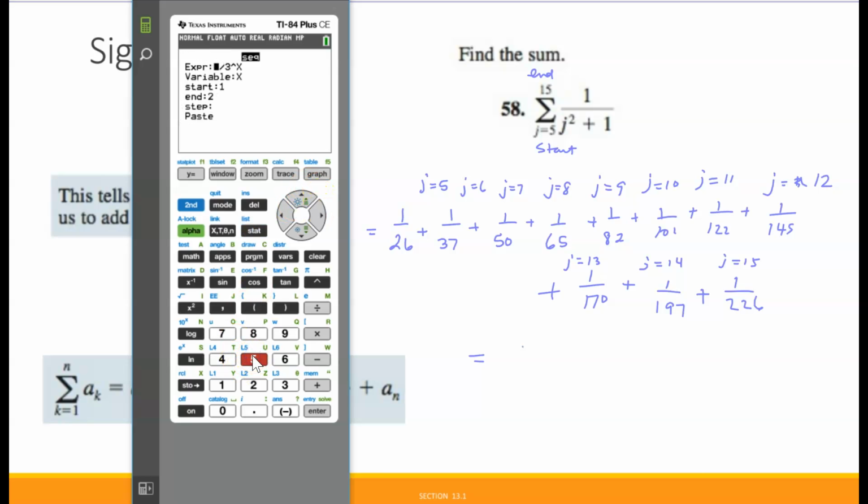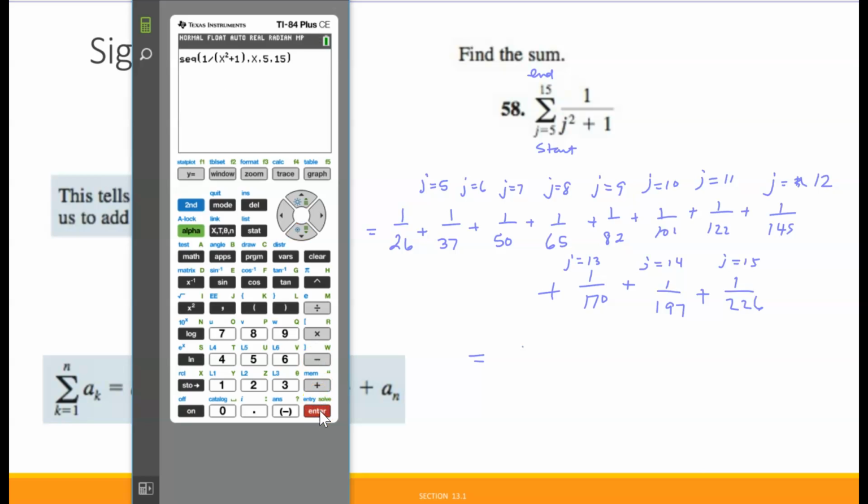Sequence, what's our formula? 1 divided by J squared plus 1. We want to go from 5, that's our start, to 15, that's our stop. Step is just 1, which is the default. We don't have to put anything in step.